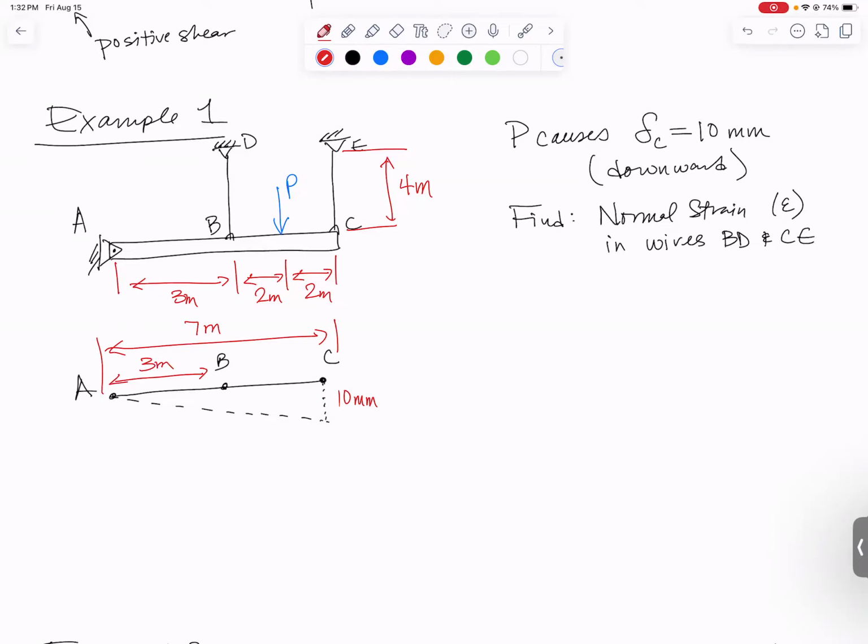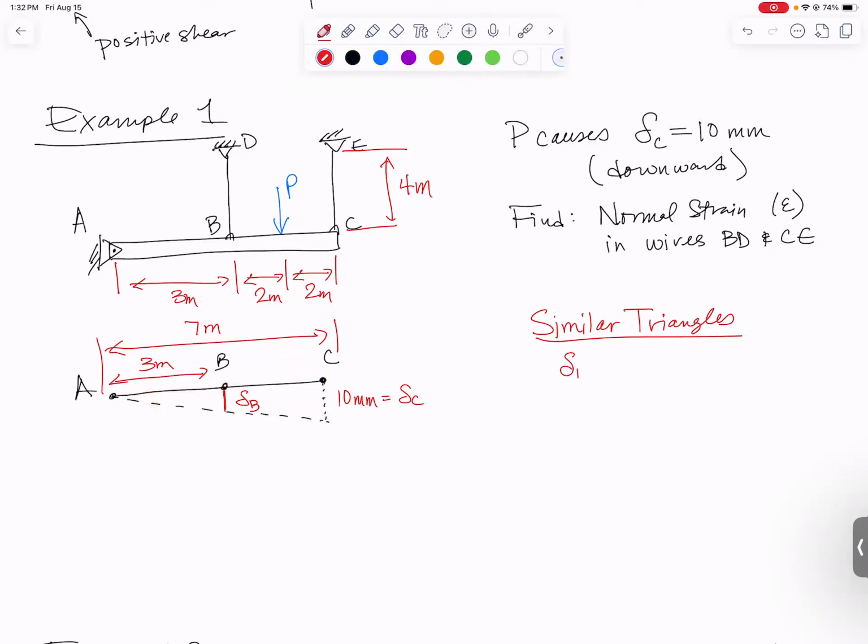So what I want to try to find is going to be the deflection of B. Why don't we use similar triangles and figure out how big the deflection of B is going to be? So I'm going to take this side relative to that side. It's got to be exactly equal to this side relative to that side. I'm quite literally using the tangent of this angle and saying that the tangent of that angle has got to be the same in both cases.